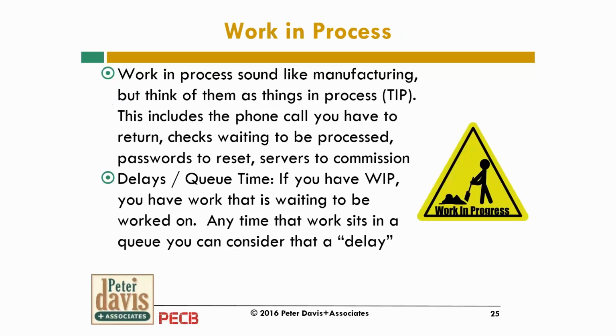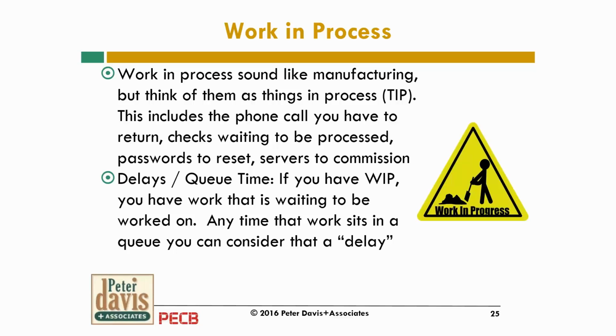Now, work in progress is considered to be a type of waste because it's not of value to the organization or to the customer. In service industry, we tend to think of these things as things in process. So I'm sitting there, I have a whole bunch of password resets that I have to do, and they're sitting there waiting to be reset.